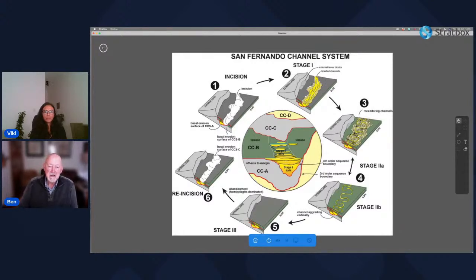So what we see is a cycle of erosion, aggradation of different styles, and then the system shuts down and we start over again. And this is evident at various scales, from individual channel elements up to the entire channel system.